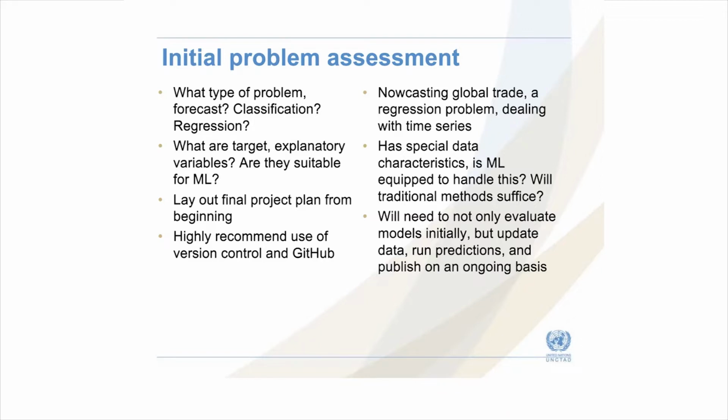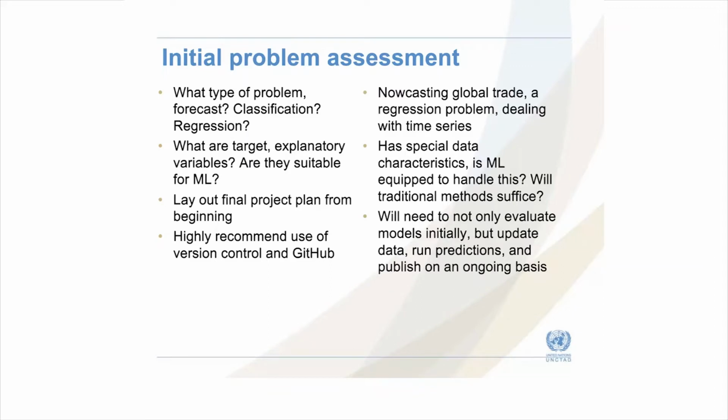Another thing that I want to recommend is the use of version control and GitHub. I understand, probably from the makeup of this audience, that many of you are already doing this, but oftentimes in official statistics, GitHub and version control is not as emphasized. So I just want to promote the use of that. If you're not familiar with what it is, basically it's having a history of all the changes you've made to your code over time.